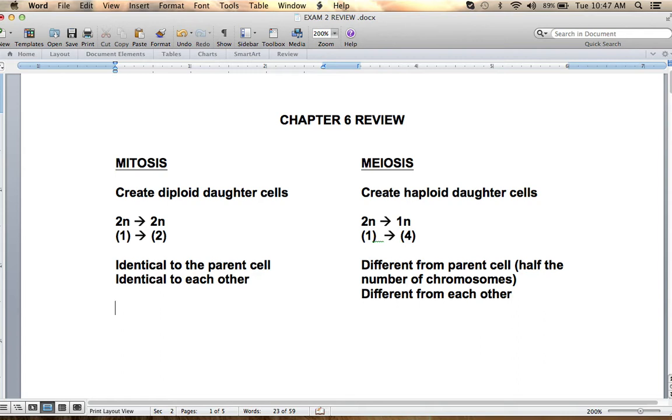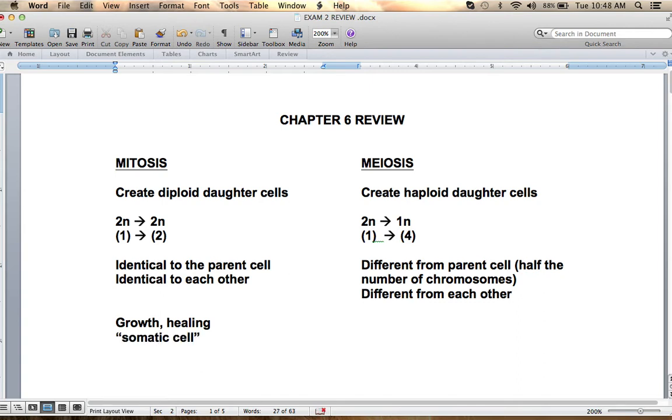So the overall purpose of mitosis, if you're making identical cells, is really either growth. A small organism, as it gets bigger, is going to undergo a lot of mitosis, so it's growing new cells, and also for healing. If you injure yourself, your body makes new cells to replace the ones that were injured. Any cell that's made through mitosis is a body cell, so it's called a somatic cell.